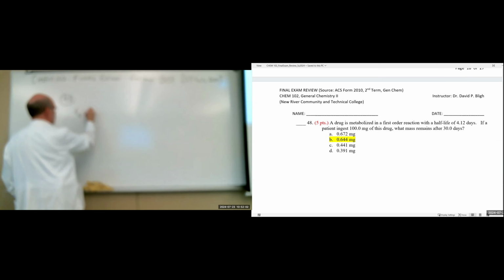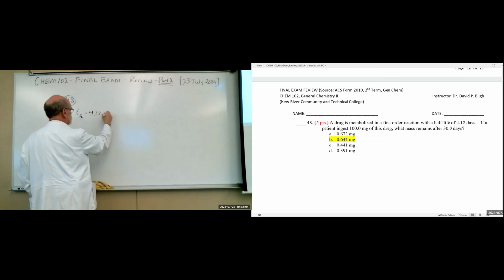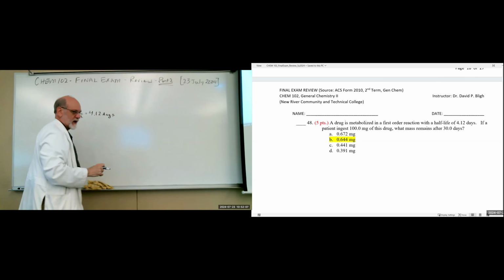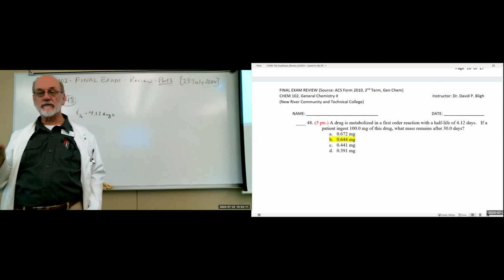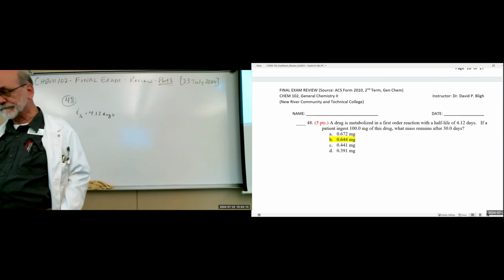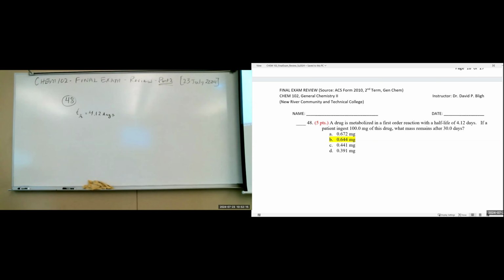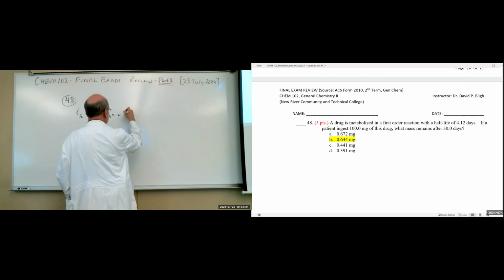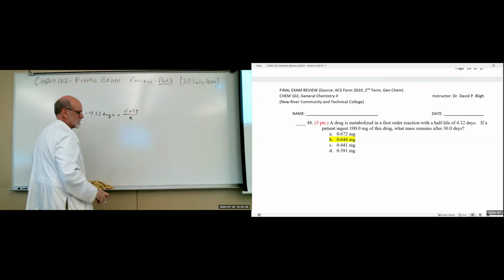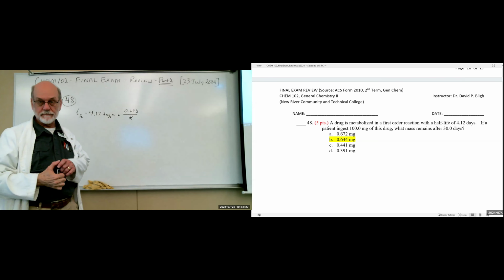So the half-life equals 4.12 days, and the reaction is first order. So what's the half-life expression for first order? We got it here in your useful information: half-life equals 0.693 over the rate constant.